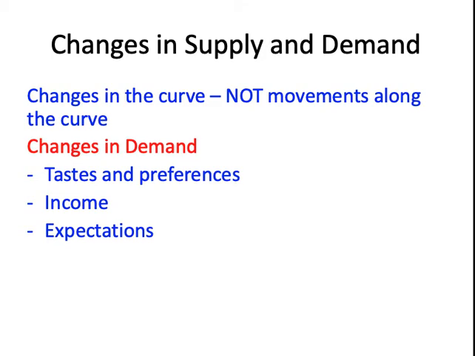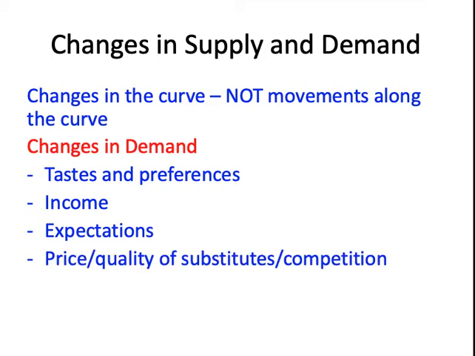If any of you remember December 12th, 2012, some people thought the end of the world was coming, so they would stock up on generators, water, all this kind of stuff. Your expectations influence what you may do in the future, and it may influence your demand, right? What am I going to buy now based on what I think is going to happen tomorrow?